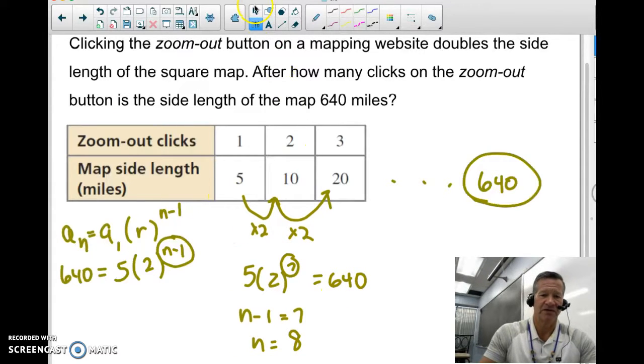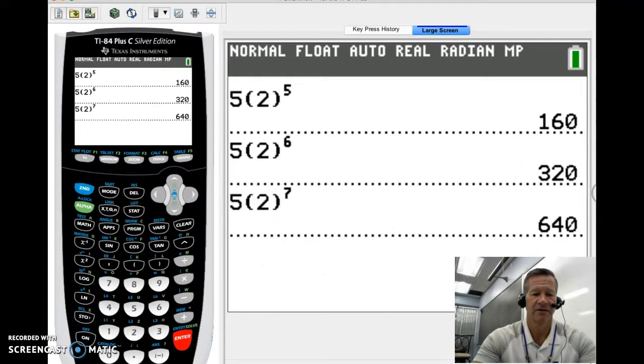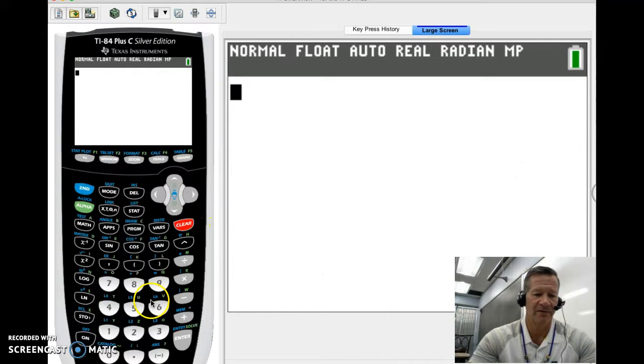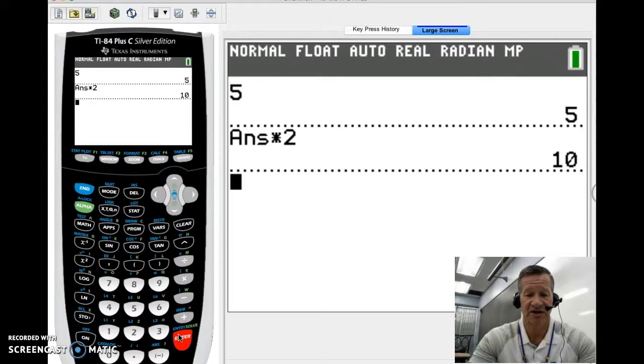Now the other way you can do this is, without a formula, you can say, my sequence started with 5, hit enter, and then I kept multiplying by 2. There's my second term. Now just keep hitting enter.